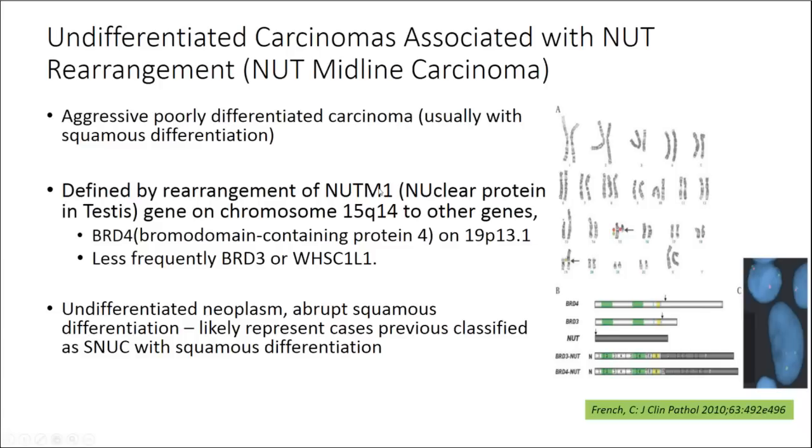And so that's the most common translocation that you see in this tumor, resulting in this phenotype of this undifferentiated carcinoma that has areas of squamous differentiation. In the past, these may have been referred to as the sinonasal undifferentiated carcinomas with squamous differentiation.